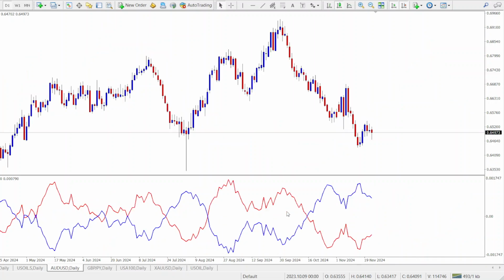So this particular indicator is different from the regular oscillator that you know.